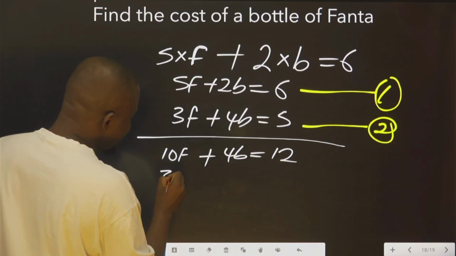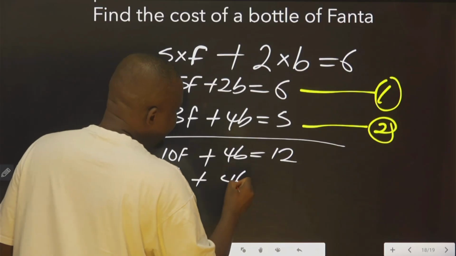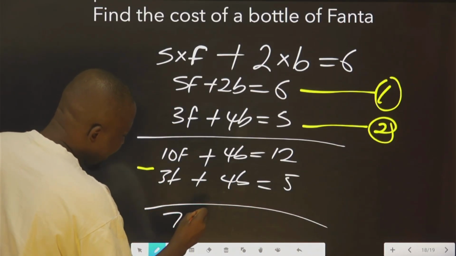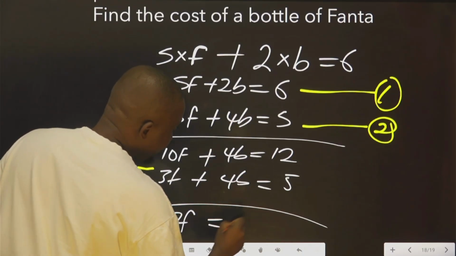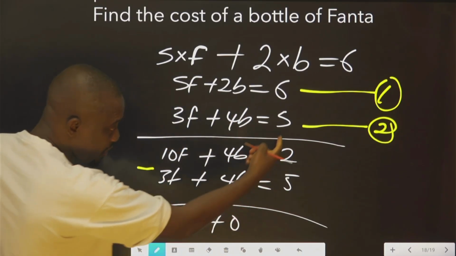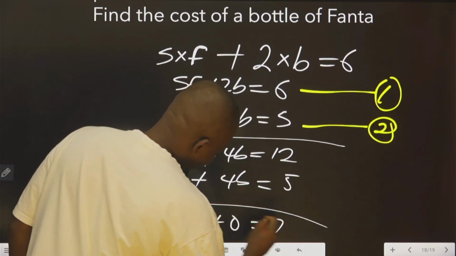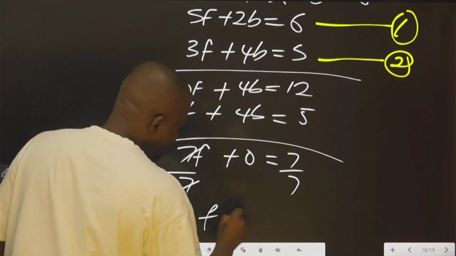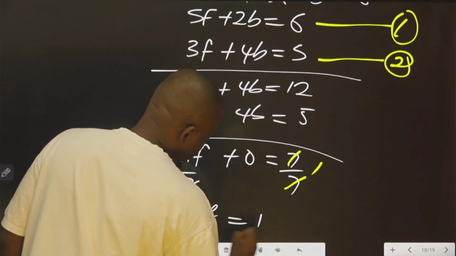So we can write this down so that we can eliminate b first. Put minus here, this will give us 7F, this will cancel to give us 0, because this minus this is 0, and this will give us 7. You agree with me? You divide both sides by 7, F therefore equals 1.